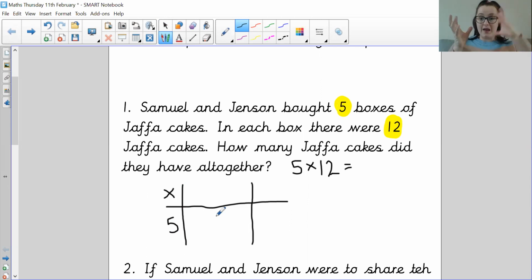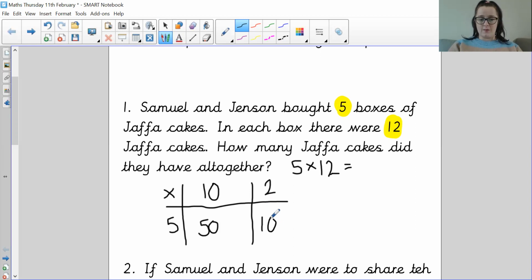So I'm going to have 10 and 2. I'm going to put my 10 in there and my 2 there. There we go. So now this bit is really, really simple. I'm going to do 5 times 10, which is 50. And then 5 times 2, which is 10.